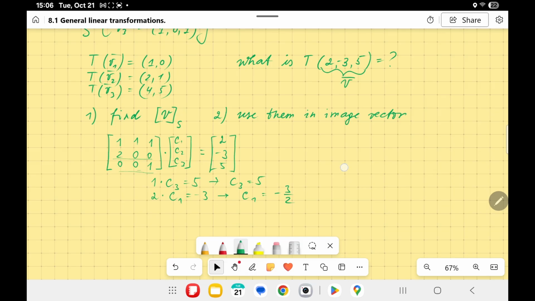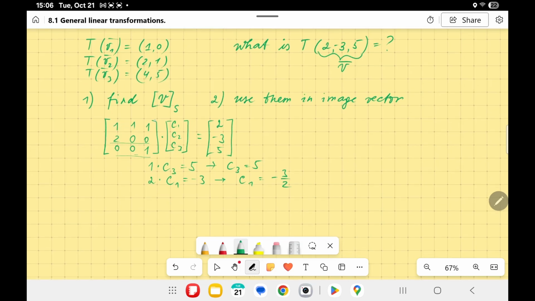And now I just need to find C2 by using the last equation, which was 1, 1, 1, right? So I have minus 3 over 2 for C1 plus C2 plus 5 equals 2, from where C2 equals 2 minus 5 plus 3 over 2. So I'm going to get minus 3 plus 3 over 2, which looks like minus 3 over 2.